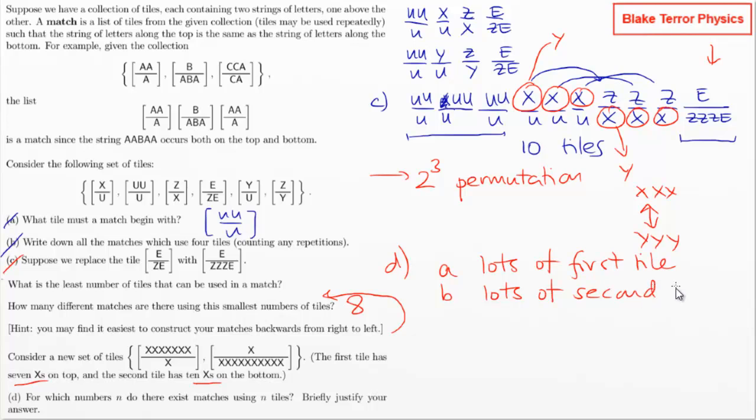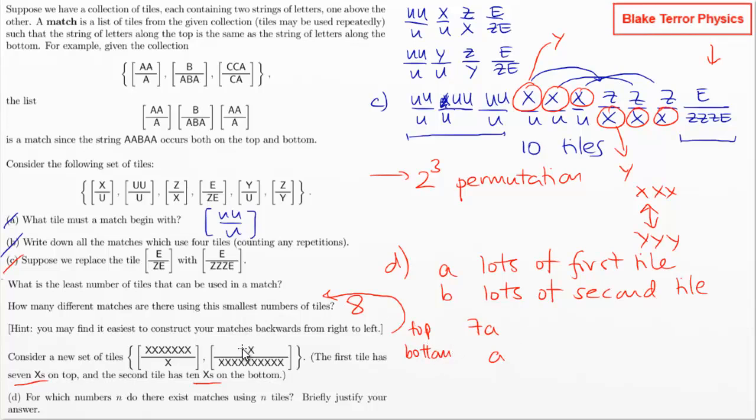That means the numerator's got to equal the denominator, isn't it? So we've got A lots of the first tile, which means we'll have 7A x's on the top and A x's on the bottom.